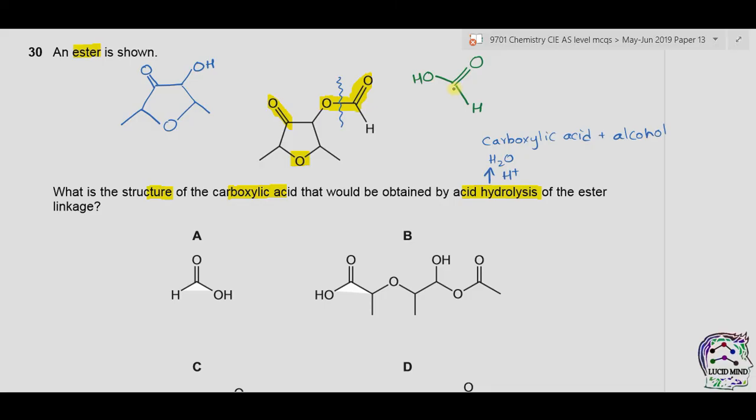As we have 1 carbon atom in this carboxylic acid, it is methanoic acid. The answer is therefore A.